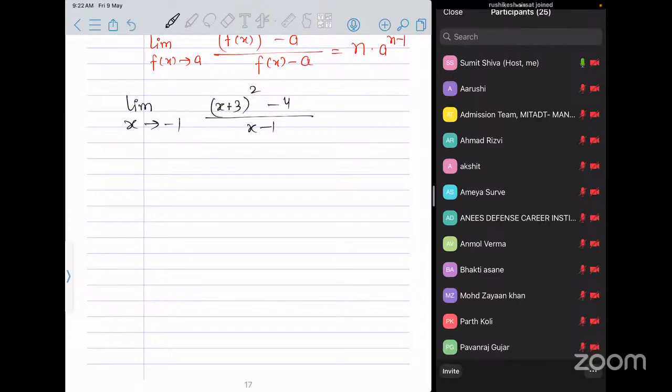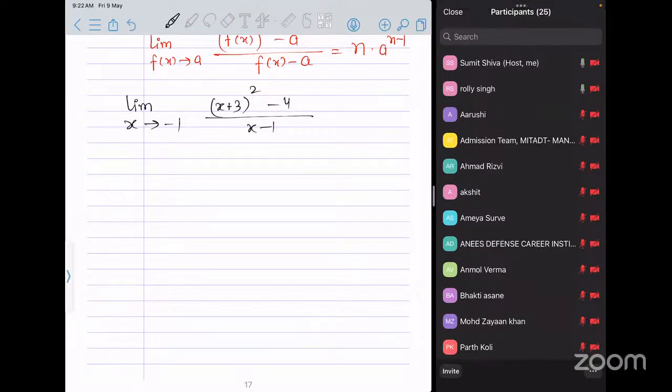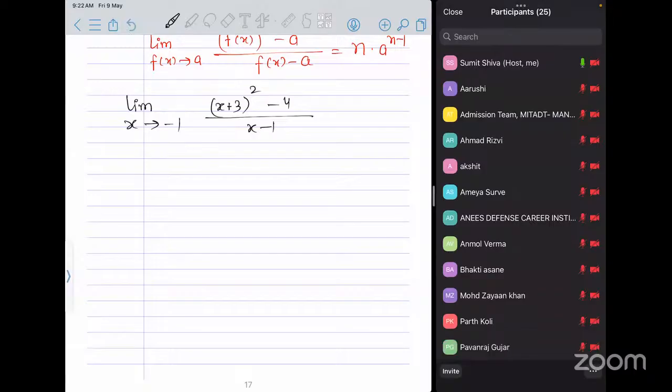If we are having x plus 3 tending to 2 and in the denominator, then it has to be x plus 1.